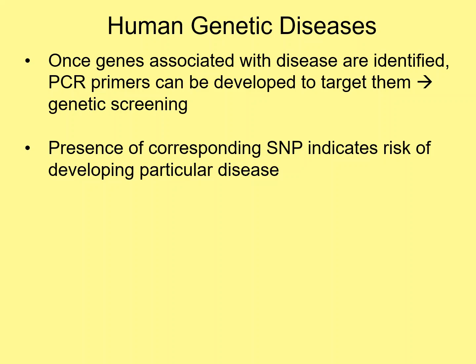And the presence of certain SNPs, as they're known, can tell you whether you have the version of a gene that is associated with disease. So for example, the allele that codes for Huntington's we know is a dominant allele, and for the SNP that's associated with that allele, they have custom-made PCR primers specifically for that particular SNP.